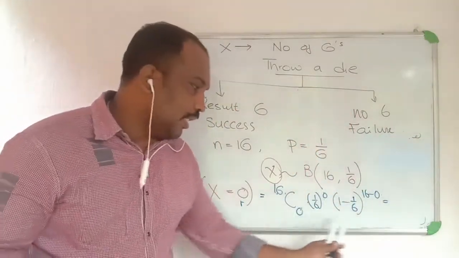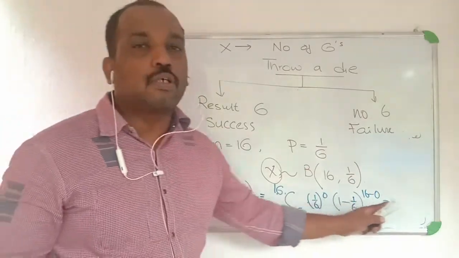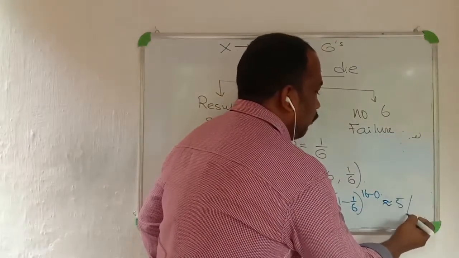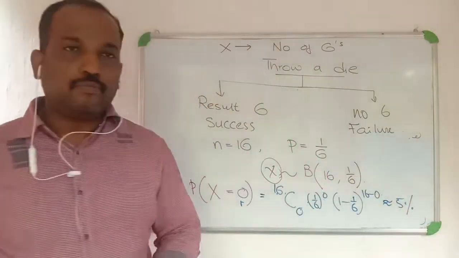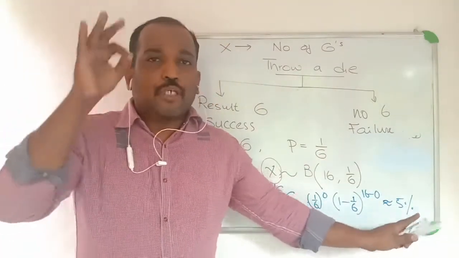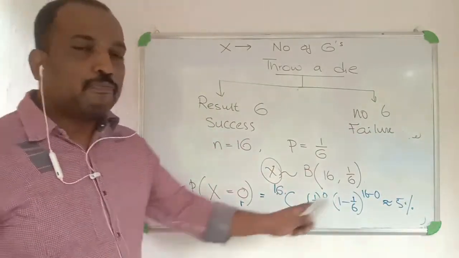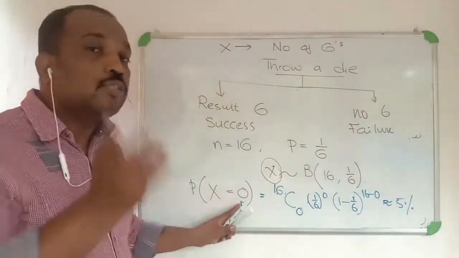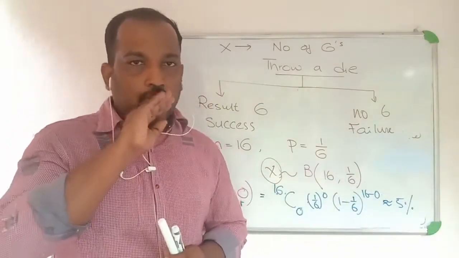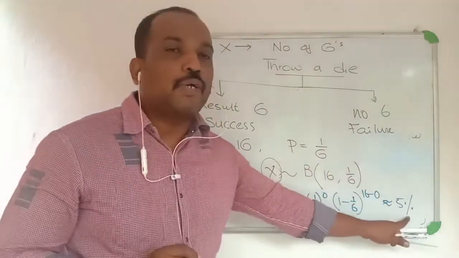Just find this answer. When you calculate it, you get something like 0.05, which is around 5%. So this 5% shows that your confidence level of getting 0 sixes is just 5%.